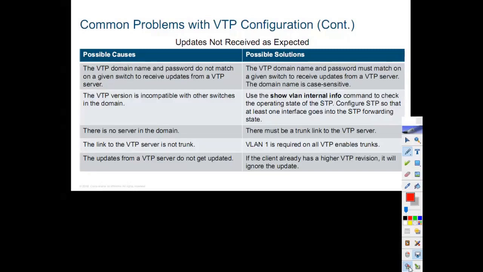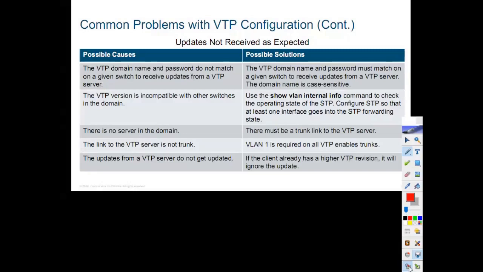Think about it: if my client already has configuration revision number 5, and all of a sudden the server sends out a VTP update with configuration revision number 4 or 3, the client sees that and says, no, that's an older version, I'm going to ignore that update. So they have to be consistent. The only way to do that is to verify all those switches. Make sure they have the same databases, same VLANs, and same configuration revision number, or else you're going to have a lot of issues.